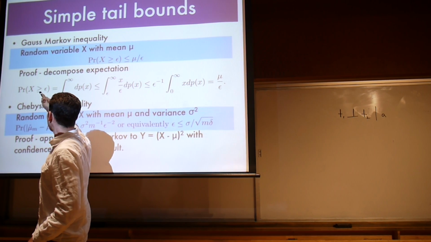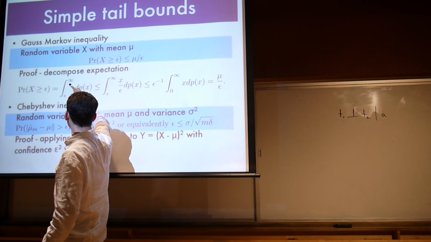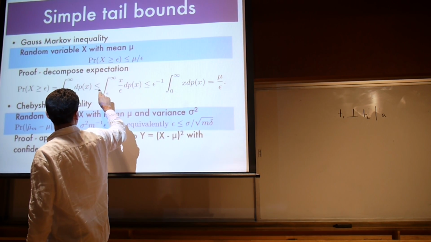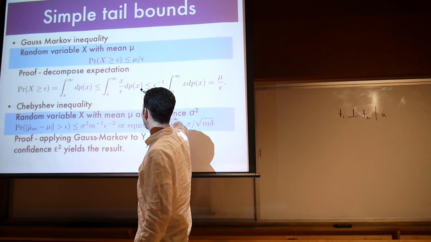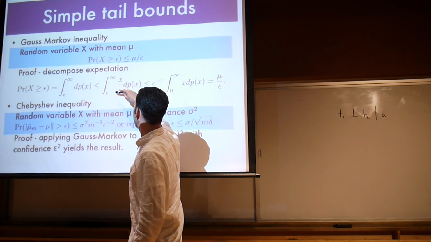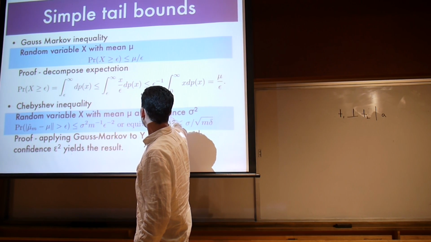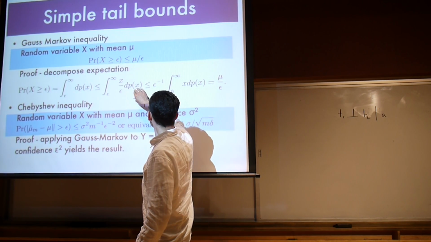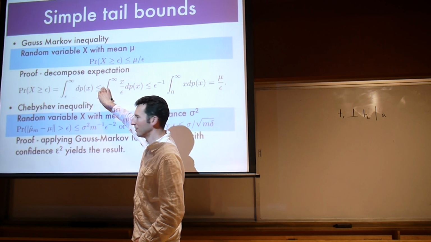The probability that x is greater or equal than epsilon is the integral from epsilon to infinity of dP of x, which is less or equal than the integral of x over epsilon dP of x. I'm assuming that epsilon is greater than 0 here. Okay? First of all I can pull out epsilon.